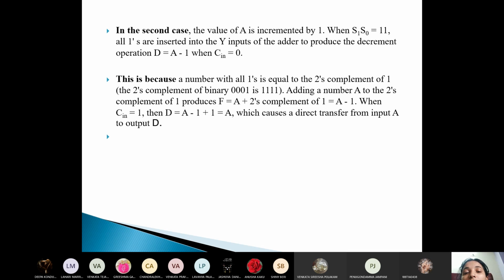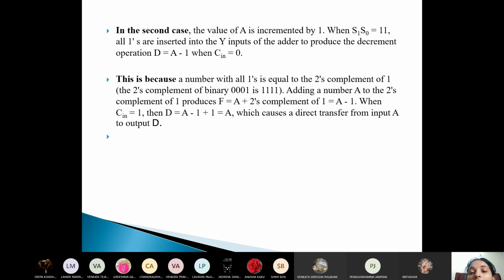When S1 S0 is equal to 1 1, all ones are inserted into the Y inputs of the adder and produces the decrement operation. D is equal to A minus 1 when C in is equal to 0. This is because a number with all ones is equal to the 2's complement of 1, and the 2's complement of binary 0001 is 1111.